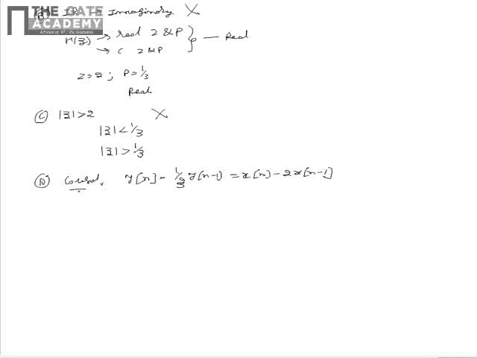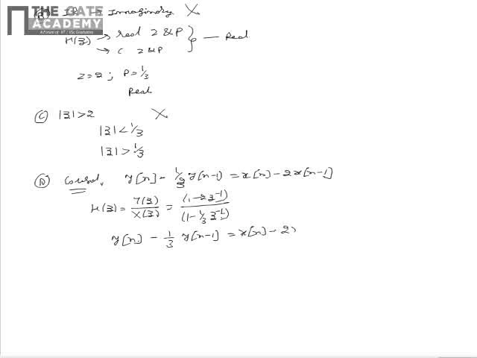So as the system is causal, we can write H of z as Y of z divided by X of z is equal to (1 minus 2z inverse) divided by (1 minus 1/3 z inverse). Upon cross multiplying these terms and upon taking the inverse z transform, we can write the difference equation, the LCCDE, as y of n minus 1/3 times y of n minus 1 is equal to x of n minus 2 times x of n minus 1.